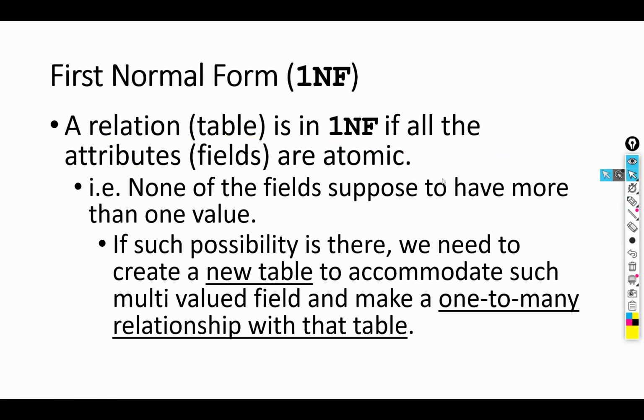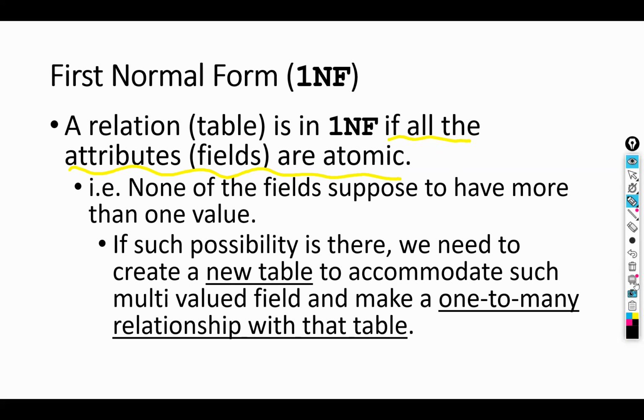So what is meant by first normal form? It's super easy. We say that a table, or a relation, is in first normal form if all the attributes are atomic. Remember the two concepts: atomicity and functional dependency.